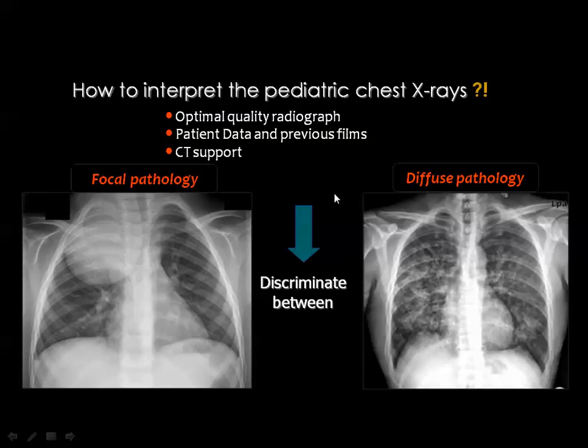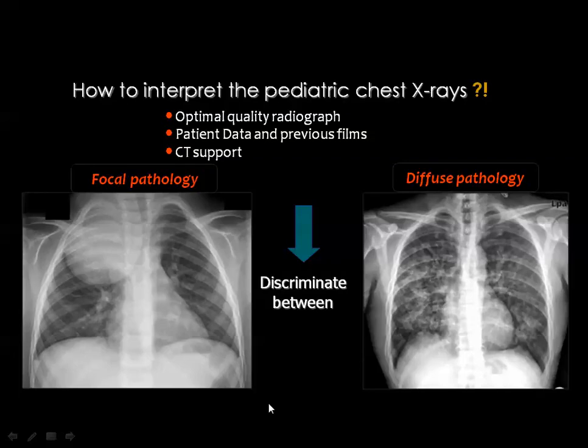The first step is to ensure an optimal quality radiograph, and this can be achieved if you realize that the patient is well centralized and the patient has taken a deep breath before being radiographed, and the radiographic factors are optimal so that you can see the details of the lung and the details of the costophrenic angles.